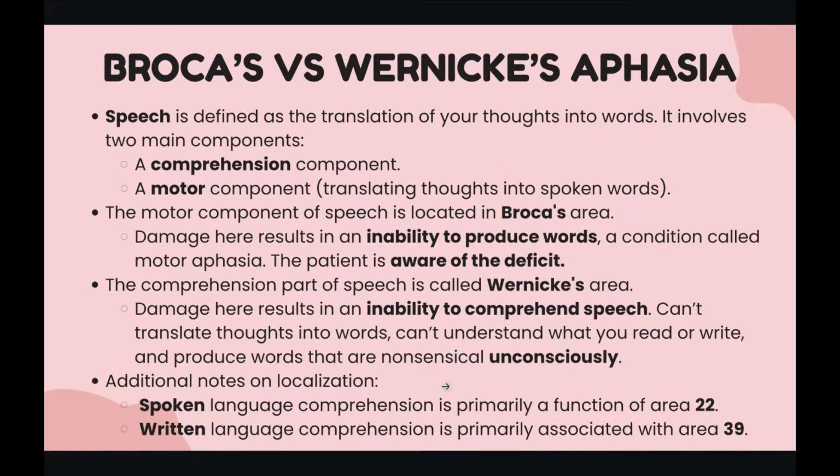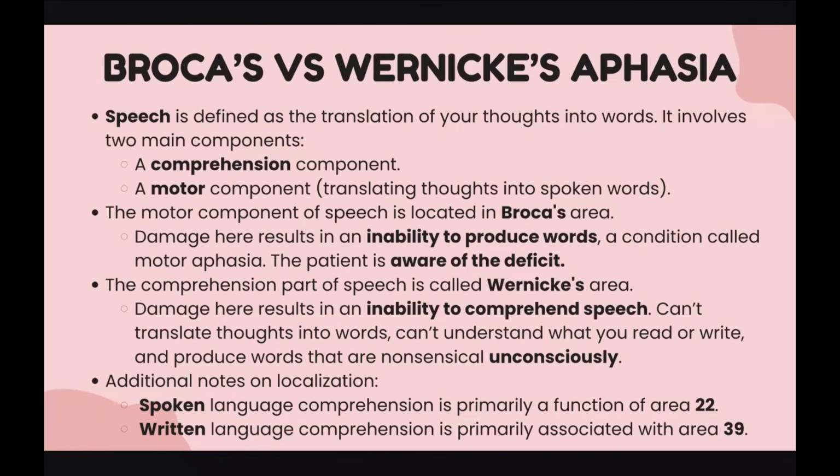They do produce words because they do not have a problem with production of the words, but it does not make sense because, obviously, if they cannot comprehend what they've heard and cannot comprehend their thoughts and thought process, they're not able to produce sensical words.